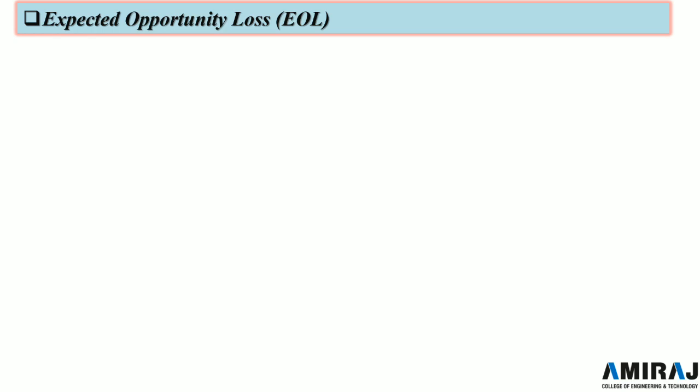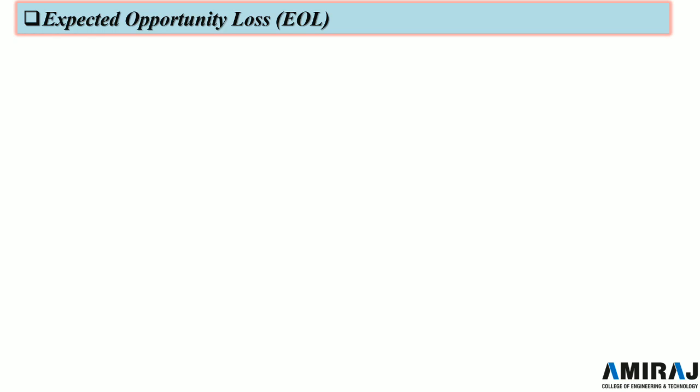So the procedure for calculating EOL, similarly, has 4 steps. First, we prepare the payoff matrix for alternative decisions. Second, we determine the conditional opportunity loss by subtracting the payoff from the maximum payoff for that event for each decision event combination, along with the associated probability.